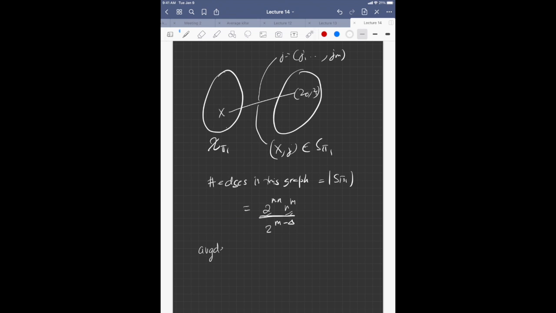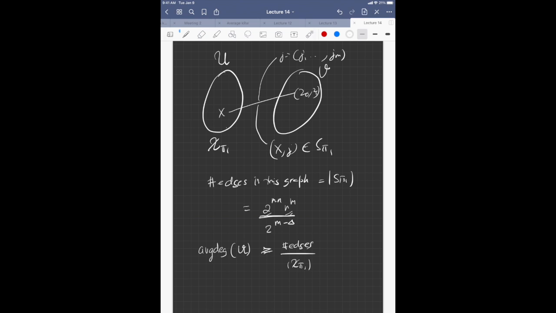So average degree, so let me call this partition U, and let me call this partition V. So average degree on the U side, so we know that it's exactly equal to the number of edges divided by x pi 1. But I don't know how many matrices are in x pi 1, so I only keep a matrix there if there is at least one vector that is consistent with that matrix that I can give to both the players.